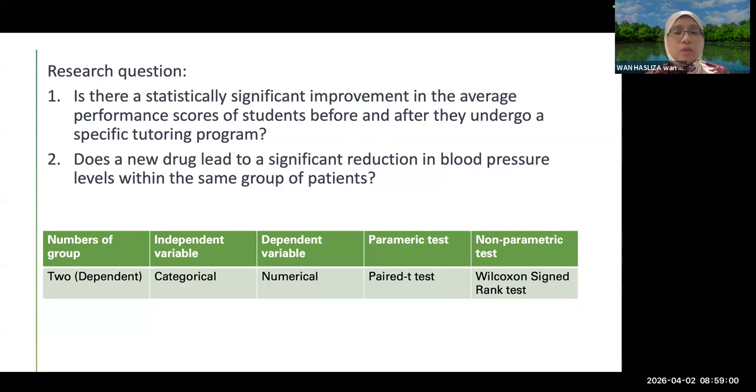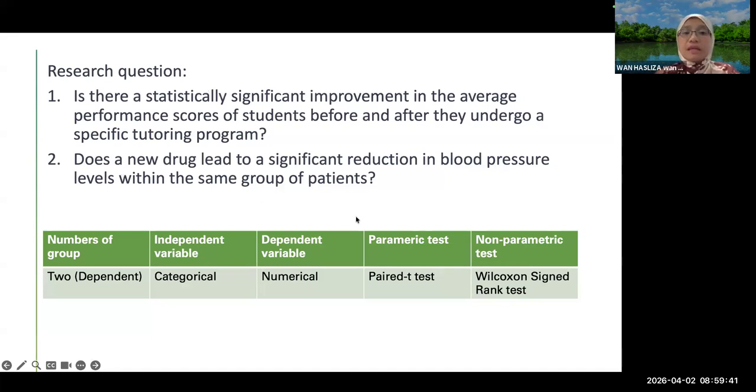So if there are keywords pre and post, before and after, and you want to see the performance score, this one is dependent. So categorical is before and after, and the dependent is the numerical score, which is the performance score of the student. There are only two groups. If data is normally distributed, you use the paired t-test, while if data is non-normally distributed, you use the Wilcoxon signed-rank test. Okay.